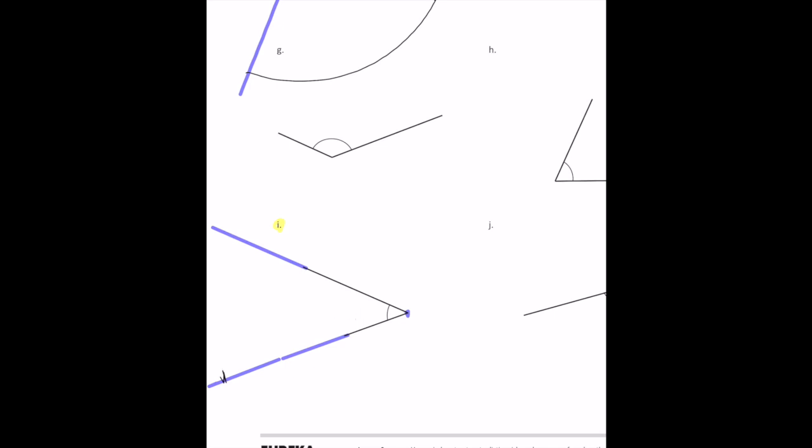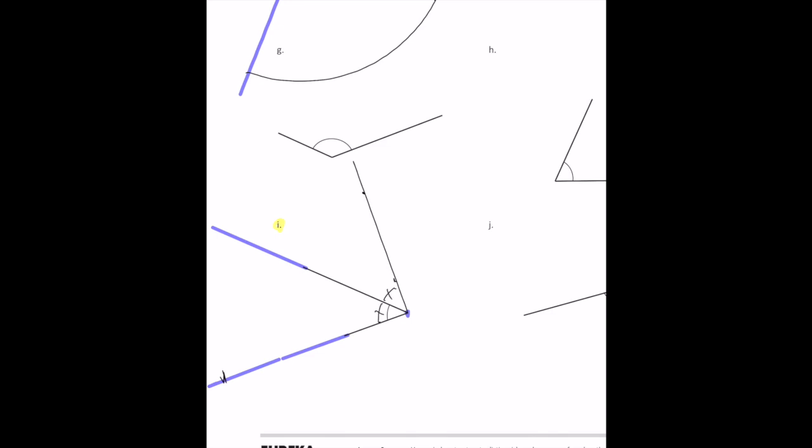45 degrees is, if I take my protractor and I place it on the vertex again, and I go ahead and create a 90 degree angle right there, these two angles here and here should be the same.